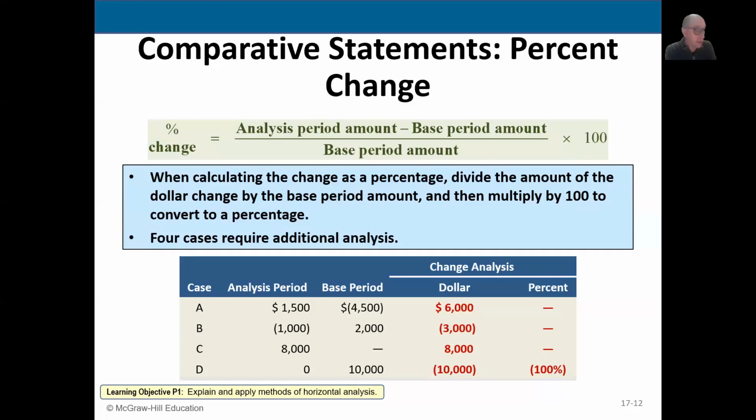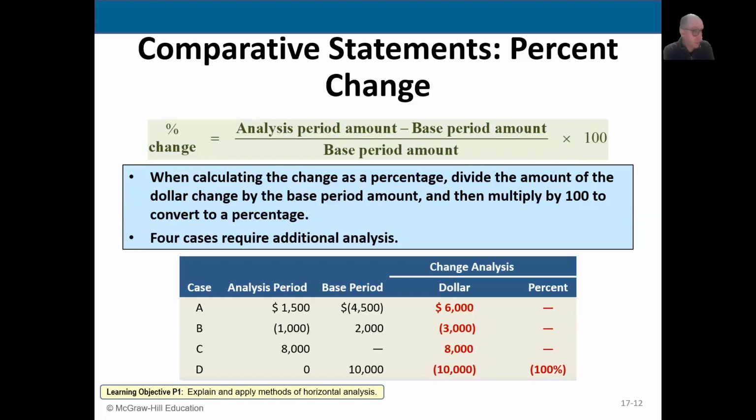The way I do that is I take the analysis period amount, we'll say 2023, minus the base period amount, we'll say 2021, divided by the base period amount, 2021, and then imagine parentheses or brackets around that fraction.